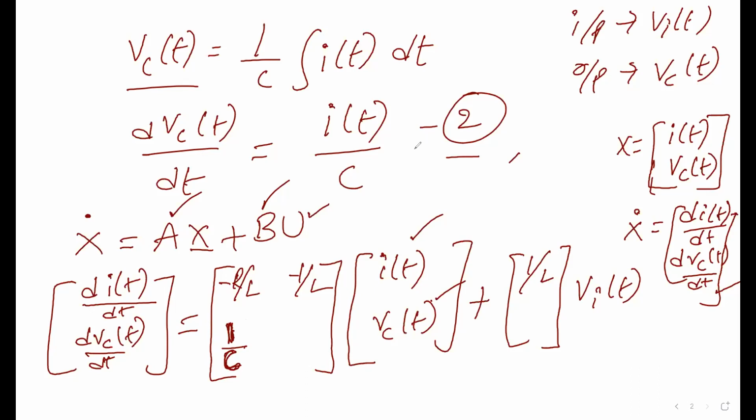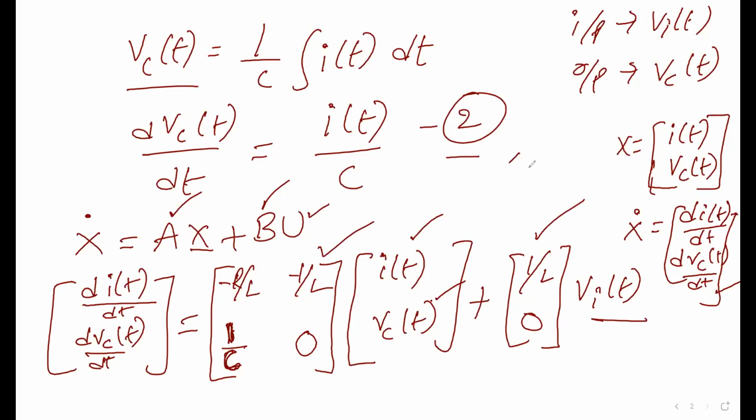We have the derivative of Vc of t, but no Vc of t term, so the coefficient is 0. The Vi of t term in the second equation? Also not present, so the coefficient is 0. So this is the A matrix, the system matrix.